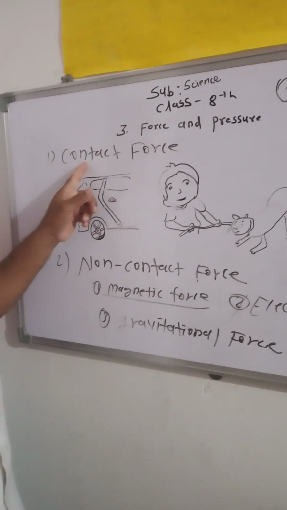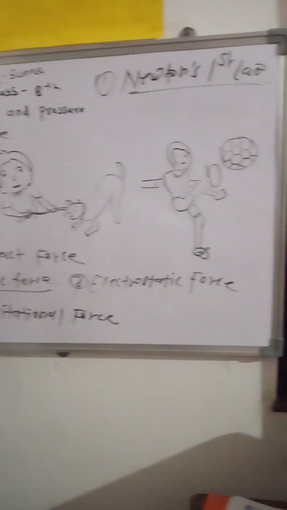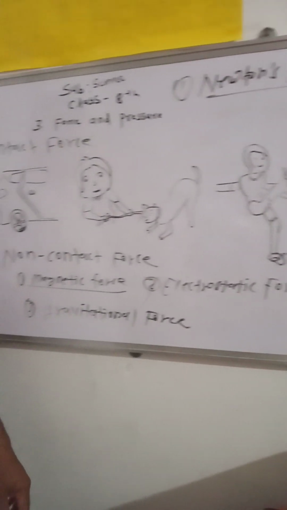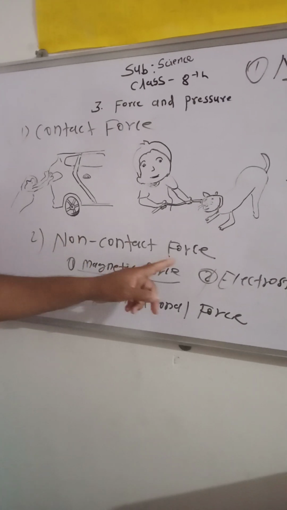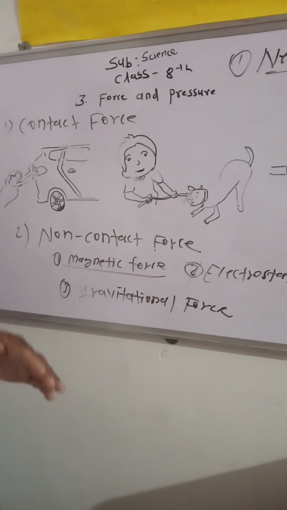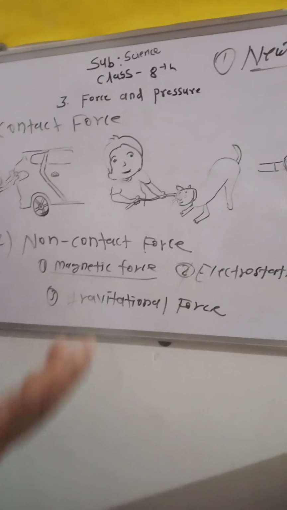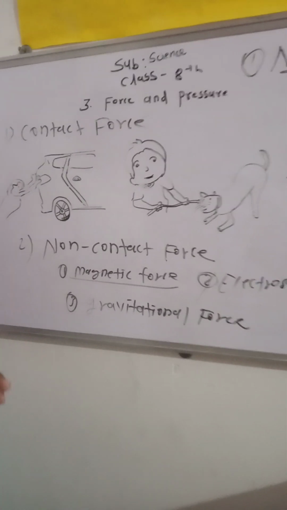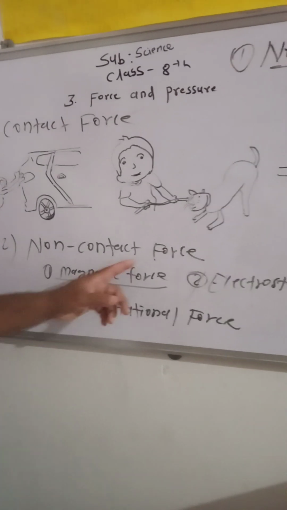First is contact force. These are the examples. These are the pictures of contact force. And second is non-contact force. The non-contact force acts on an object indirectly to attract the objects toward itself. This is called non-contact force.